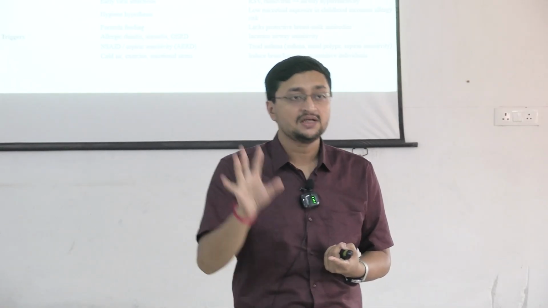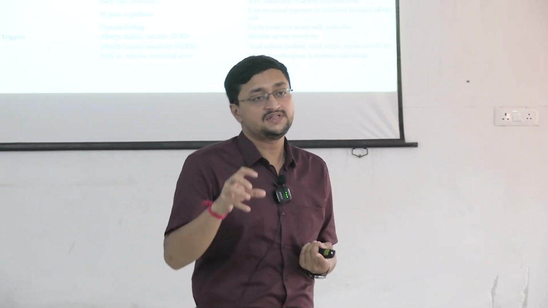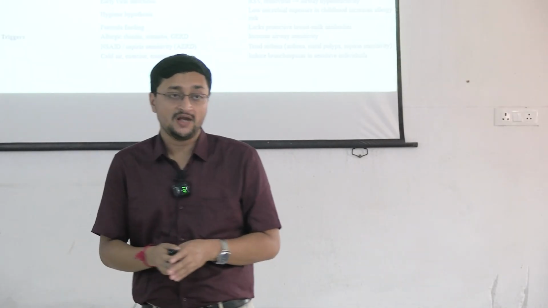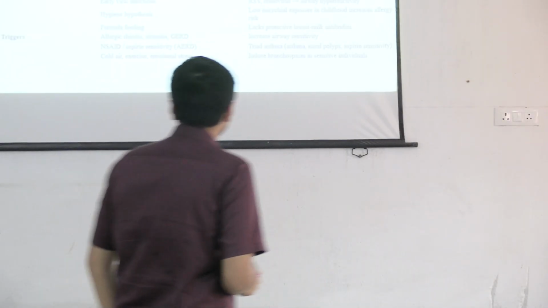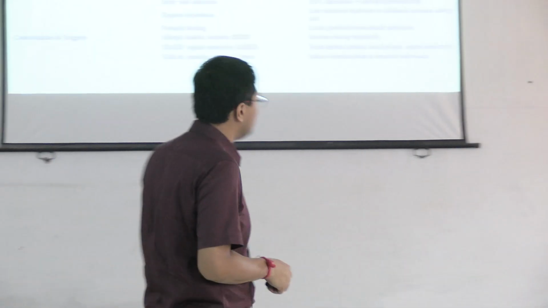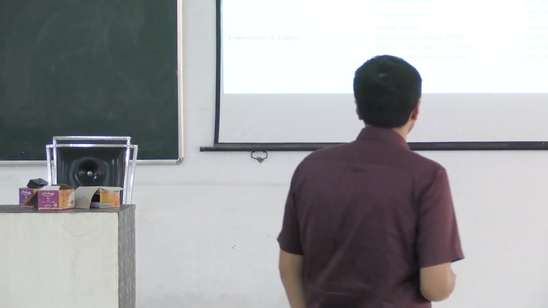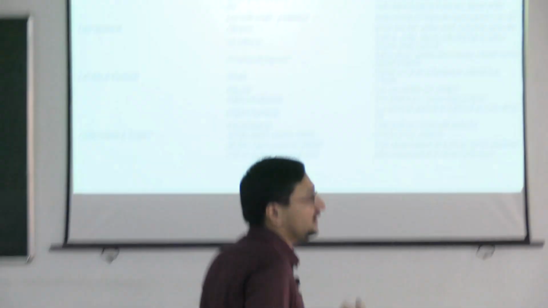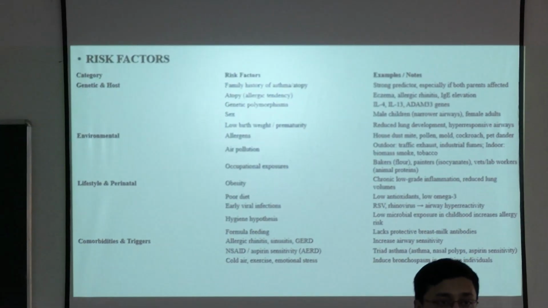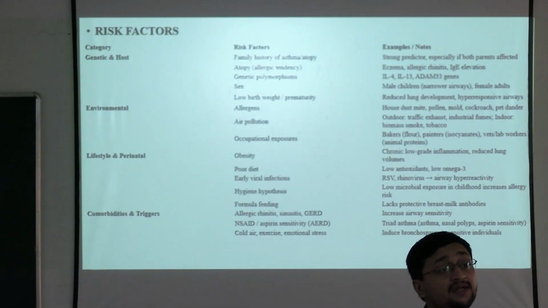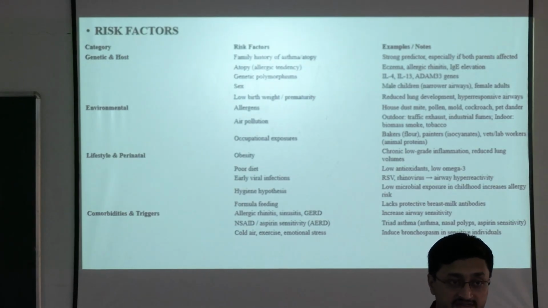So these four are the main manifestations of atopy or atopic disease. And male children are more susceptible than female children. Followed by environmental factors, most commonly allergen or house dust mite, HDM.